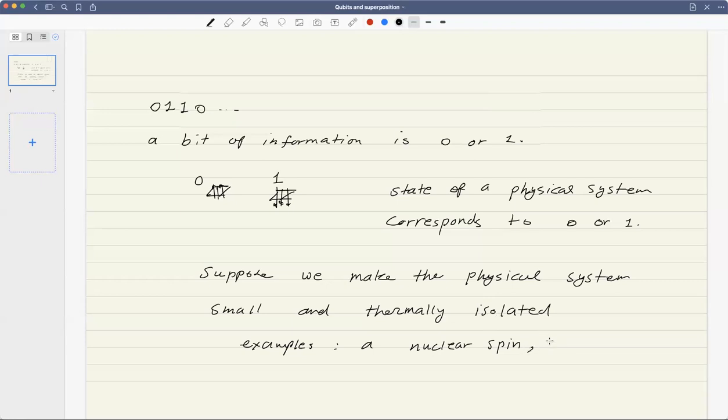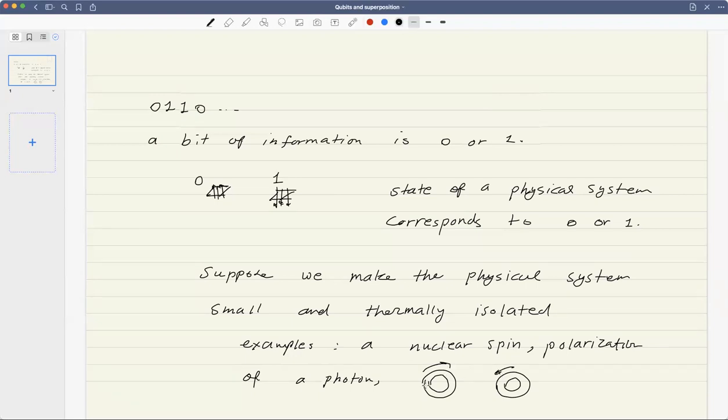Or you can think about maybe the polarization of a photon. Or we can think about a superconducting ring that's very well isolated from a thermal environment, and then maybe you have current going this way or that way.